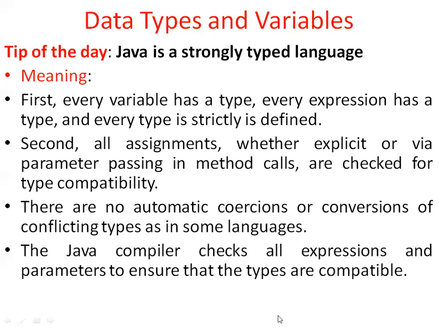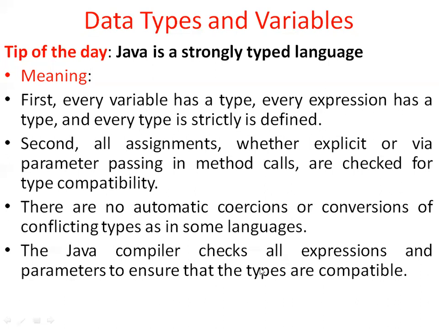So what happens when you write some expressions in your program and when you compile, the Java compiler checks all expressions and parameters to ensure that the types are compatible. That means if you try to assign a wrong type, or pass a wrong type of parameter, immediately during compile time itself, Java reports the error.